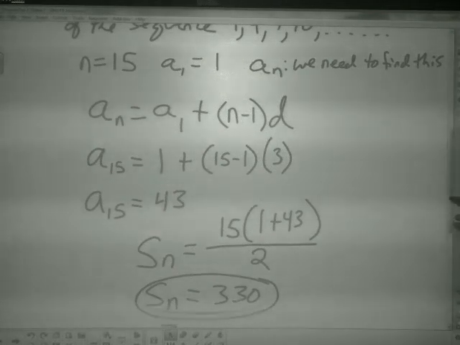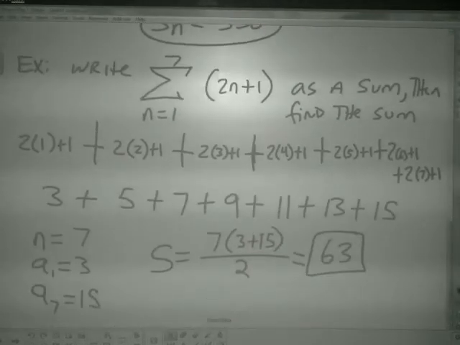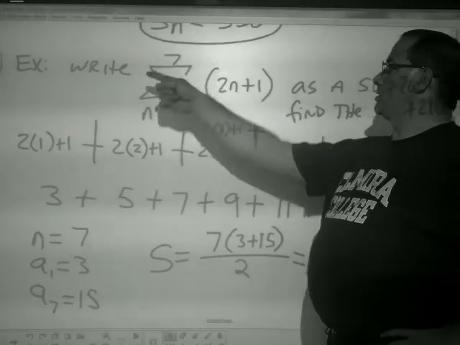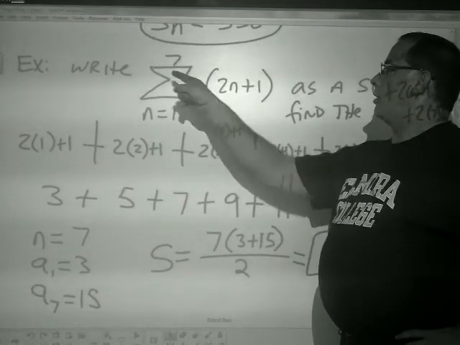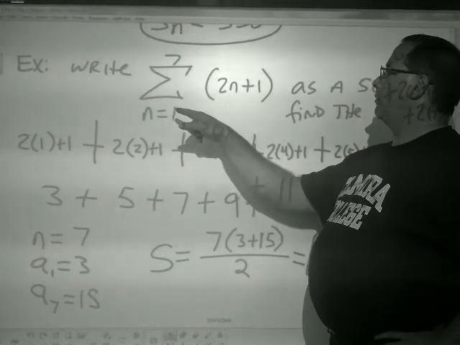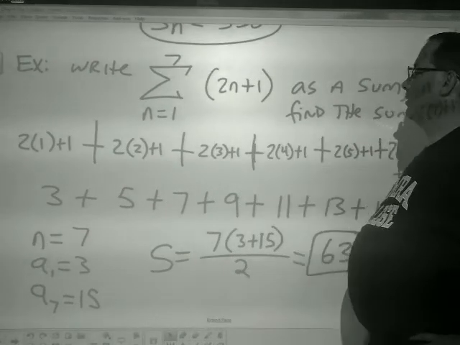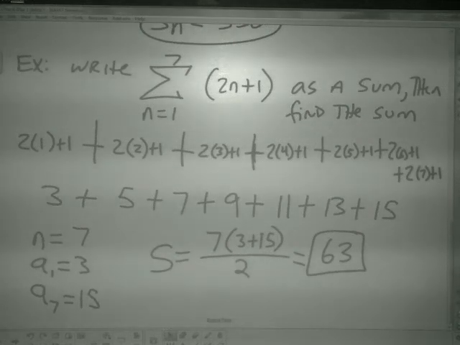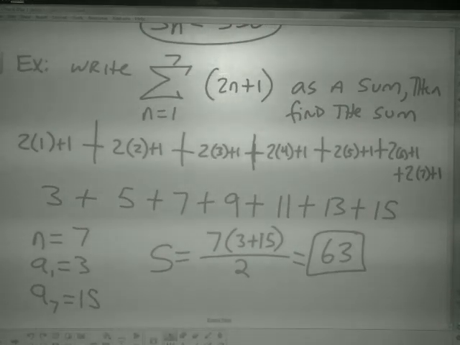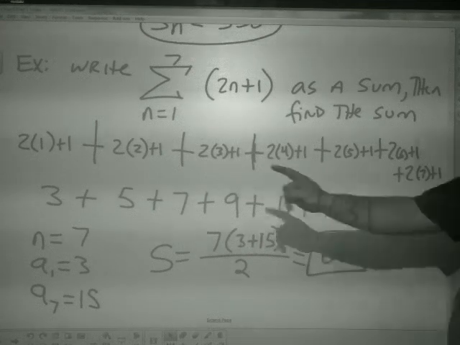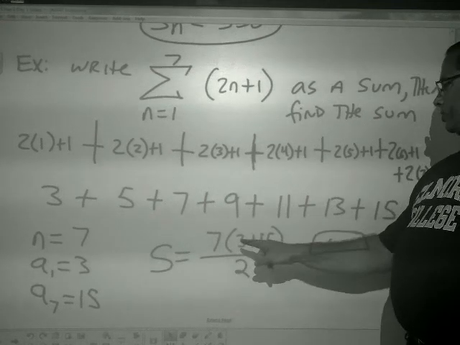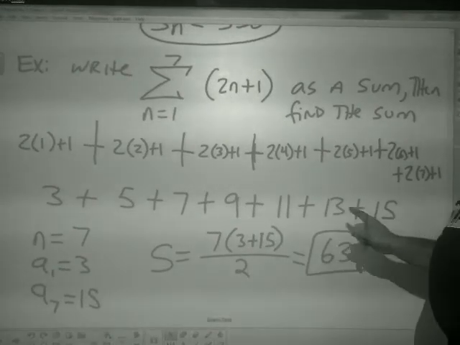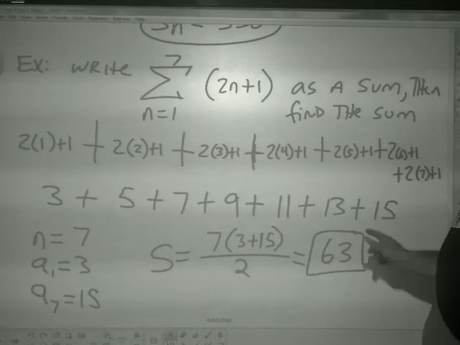So that would be this sequence. We did it already with summation. If you notice, I can do this sum from 1 up to 7. Okay? So I could write it out as a sum and find the sum. But I know that if I have 7 terms, and the first term is 3, and the last term is 15, divide by 2, it'll give me 63.